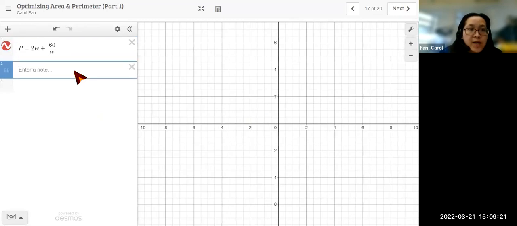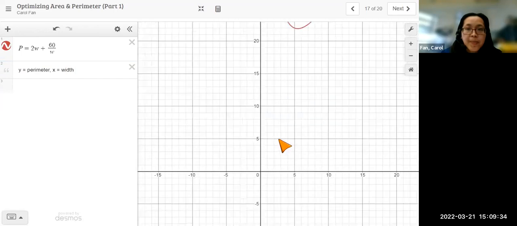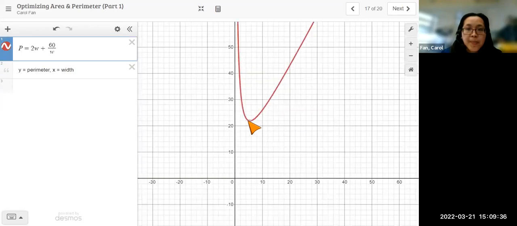So let me define my y-axis is representing perimeter and x-axis is representing the width. Okay.